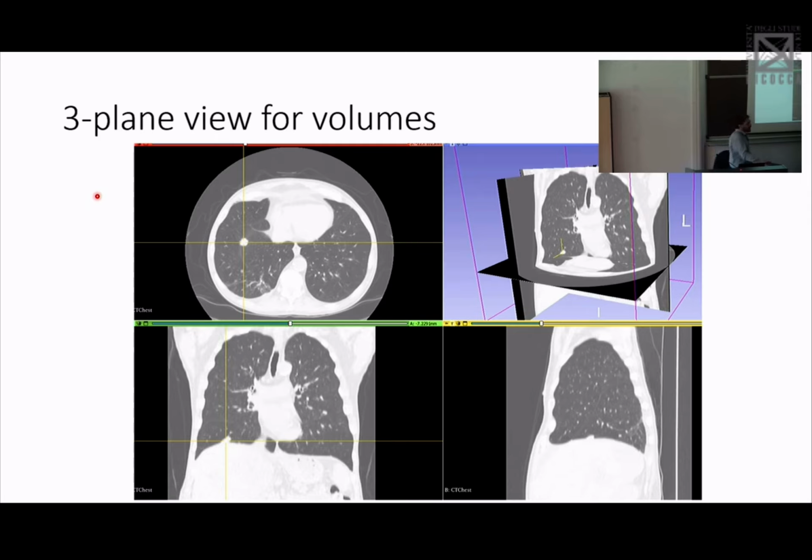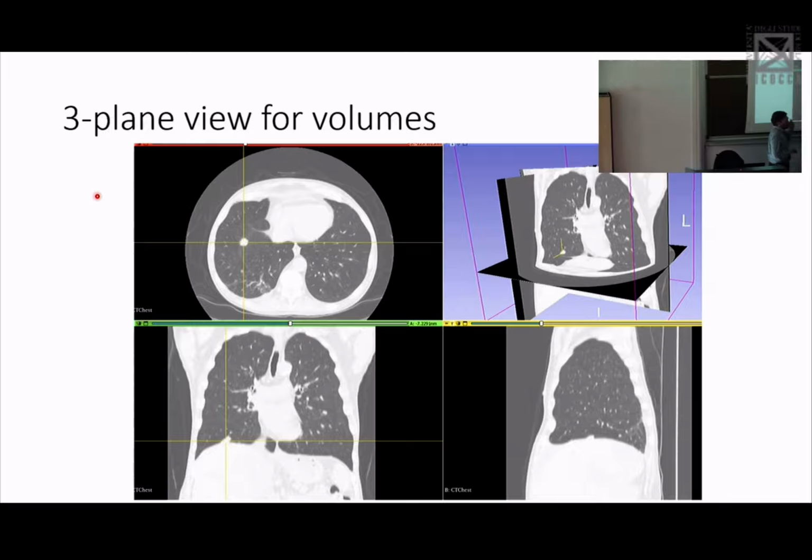Then there is another issue to take into account, which is that of volumes. I've mentioned before that if you have a volumetric image, we have an array which is a 3D array, a stack of planes. How do you visualize that? You can crop it, you can slice it along any of the 3 axes.